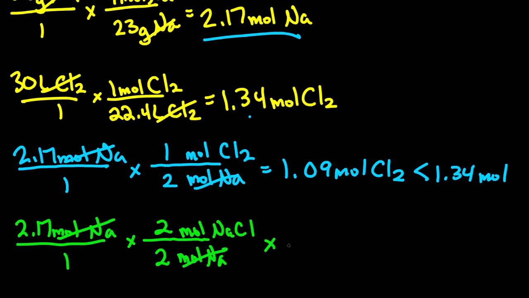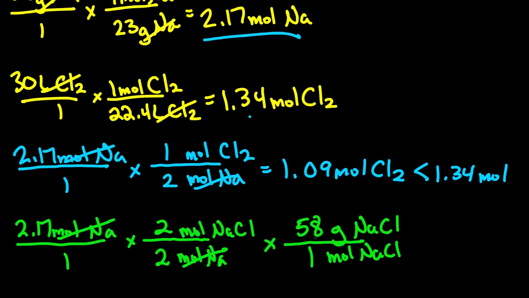Once I got moles of sodium chloride, I got to change that to grams of sodium chloride. So moles of sodium chloride go on bottom, grams of sodium chloride will go on top. Well, 1 mole of sodium chloride is how many grams? Sodium is 23, chlorine is 35. That is 58 grams for its molar mass. That cancels moles of sodium chloride.